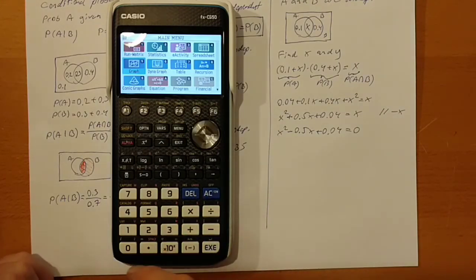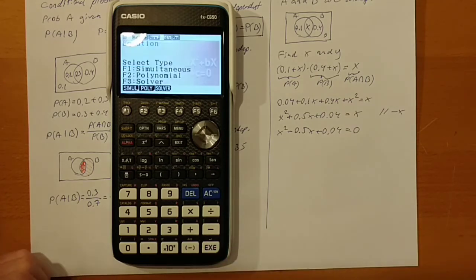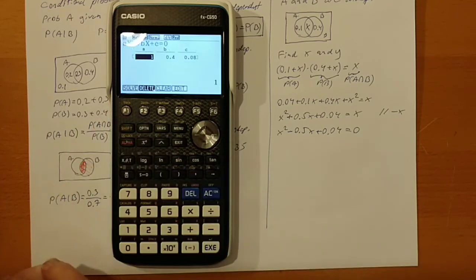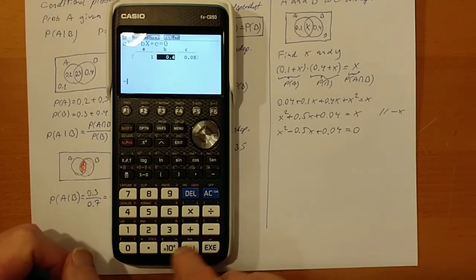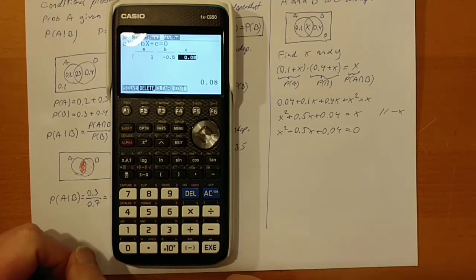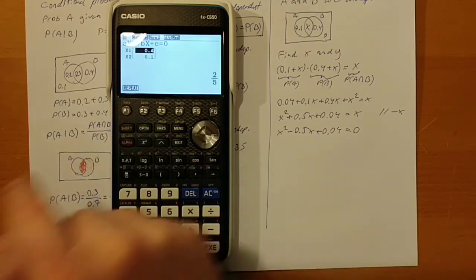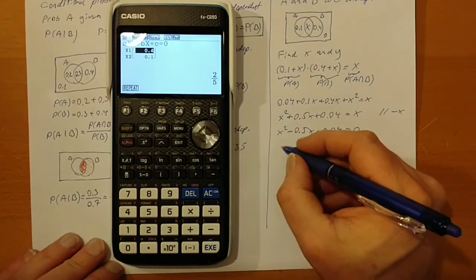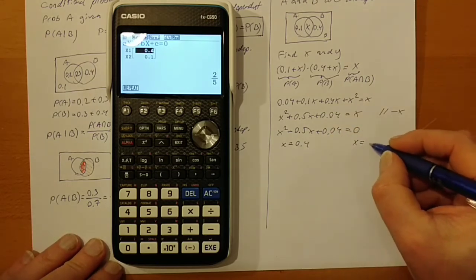But say, to make life easier for us, we have a calculator, so we can go to some kind of equation solver. We have a polynomial solver here, second degree, and we enter our values: 1, negative 0.5, and 0.04. Solve, and we get that x is either 0.4 or x equals 0.1.